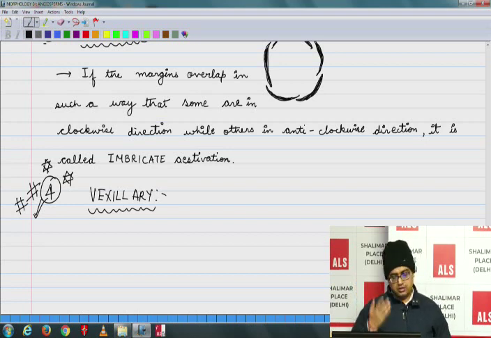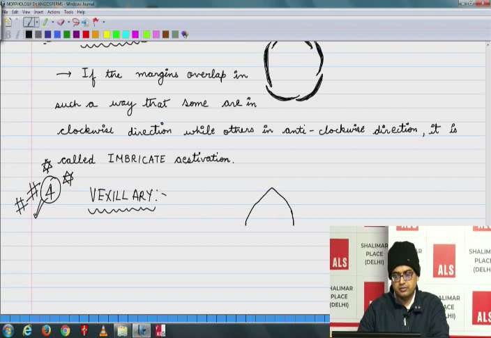Let us first draw the diagram. The diagram is very easy. You draw a hut-shaped structure like this.